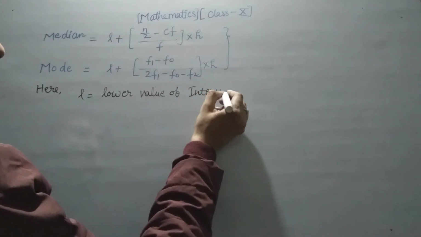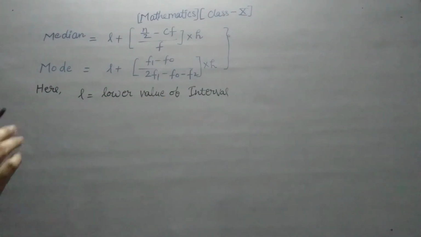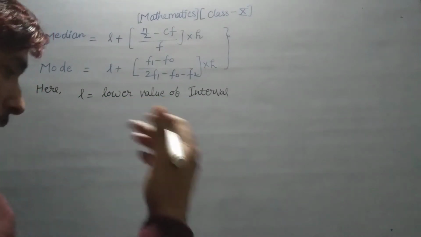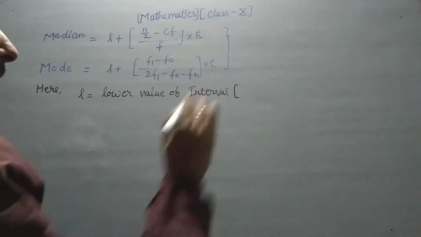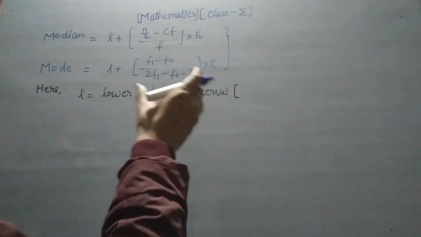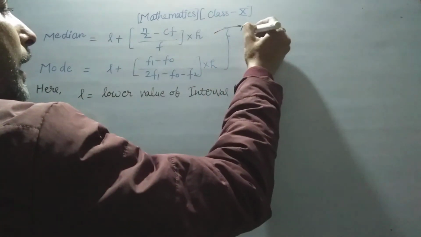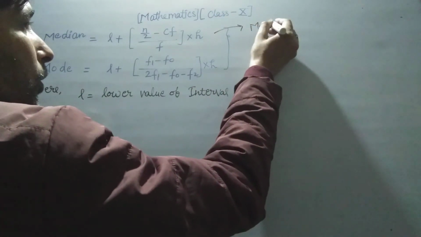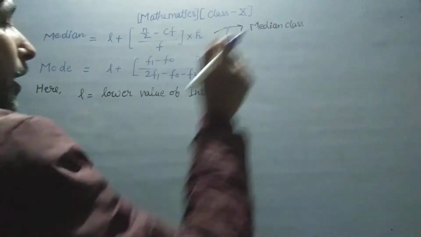In both cases, this is the lower value of the interval. Just like in your question, you have a table. In that table, you find the interval that is related to the median. So you have to find the median class, or the median interval.